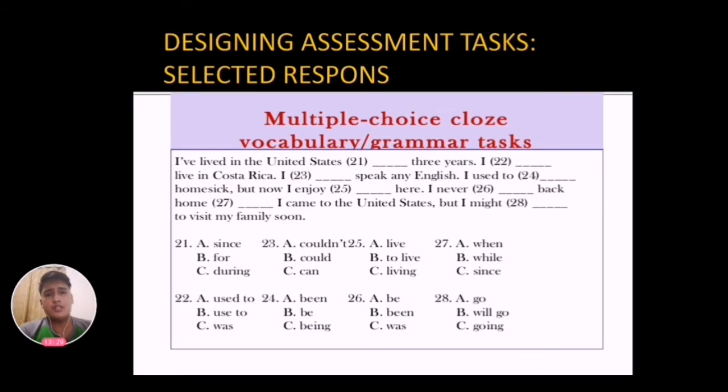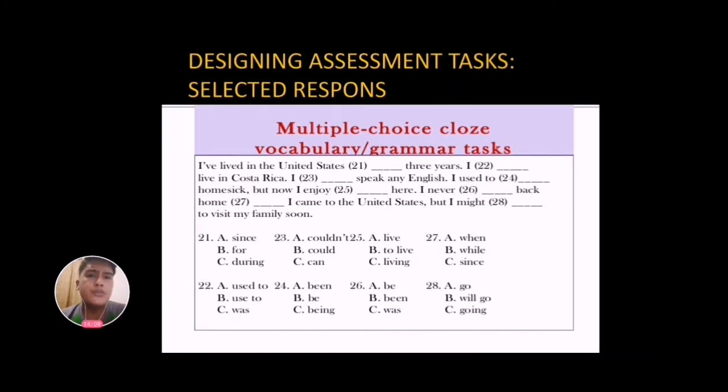What you are seeing right now is an example of a multiple choice. The teacher has given the students a story or stanza wherein they fill in the gap. There was a blank part in every sentence, and they have to fill in the right words that fit the vocabulary.